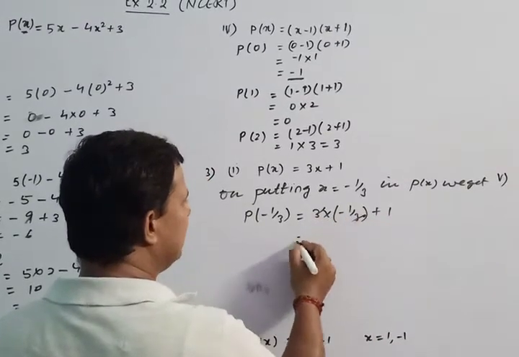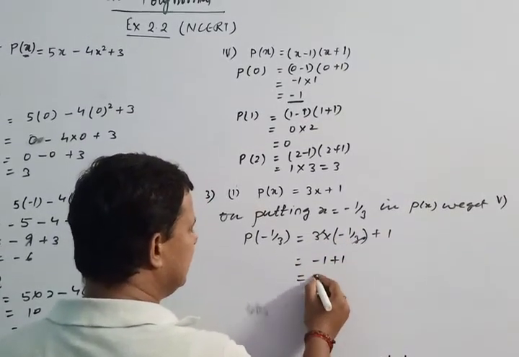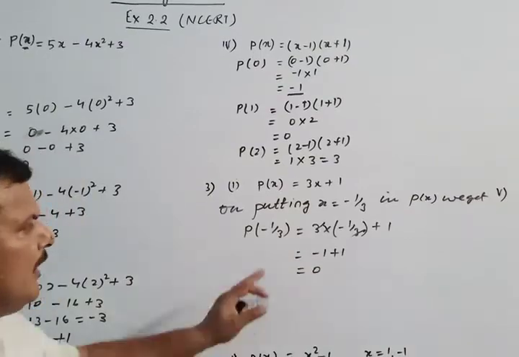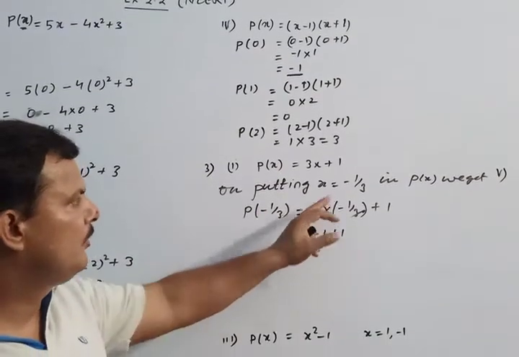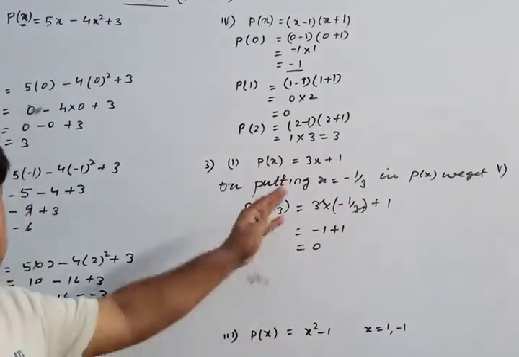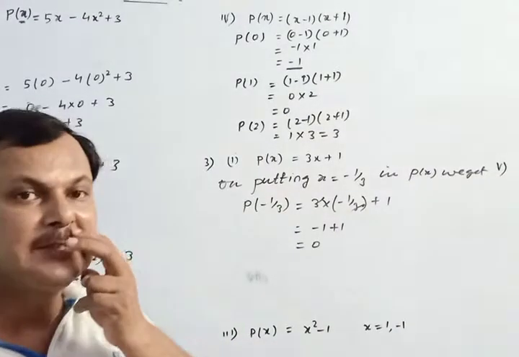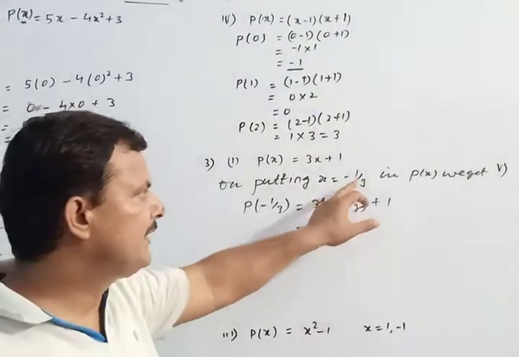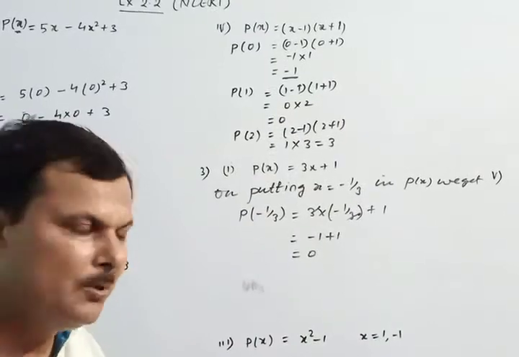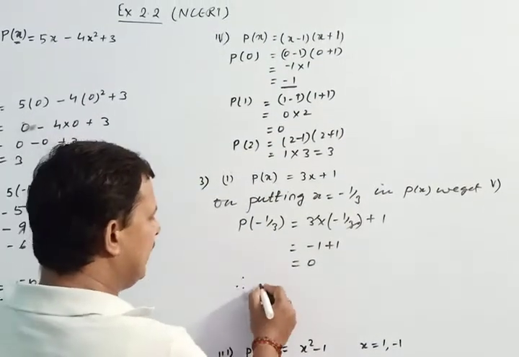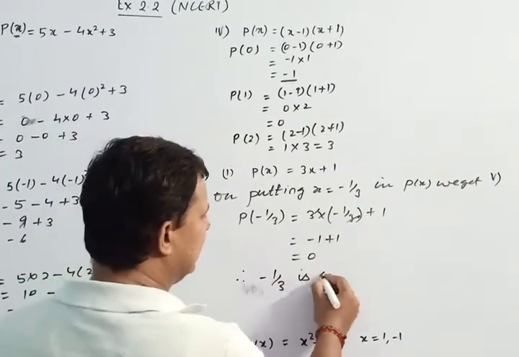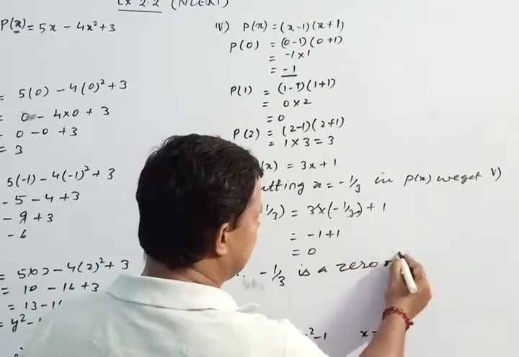This will cancel: minus 1 plus 1 is 0. It means if you substitute x as minus 1 by 3 in the given polynomial, it becomes 0. It means minus 1 by 3 is a zero of the polynomial. So therefore minus 1 by 3 is a zero of p(x).